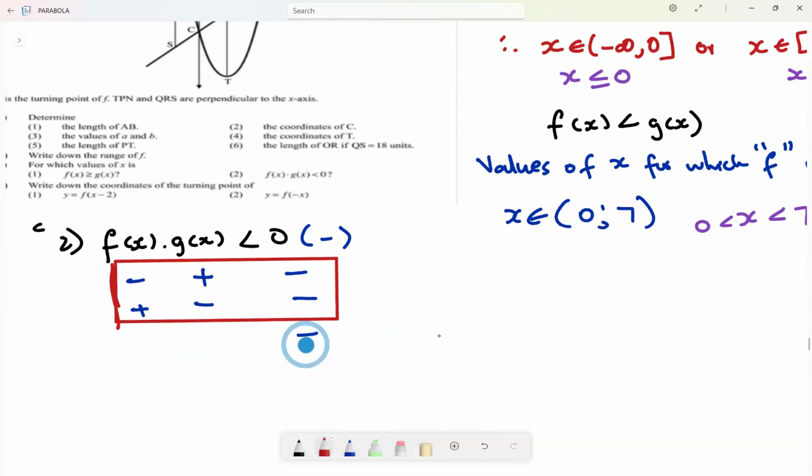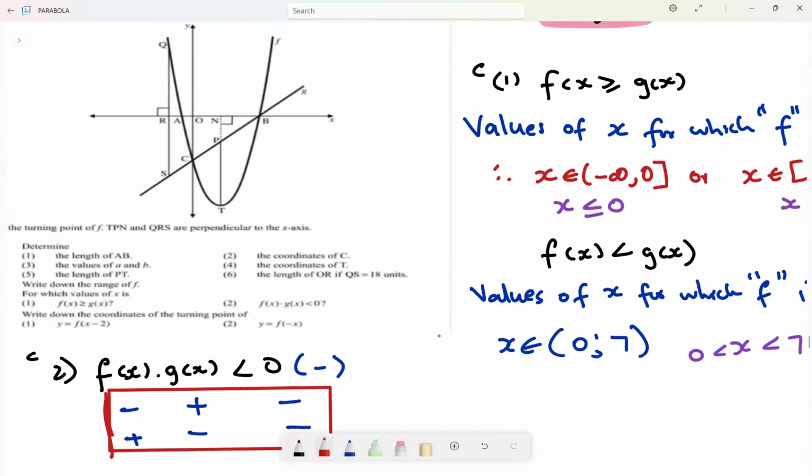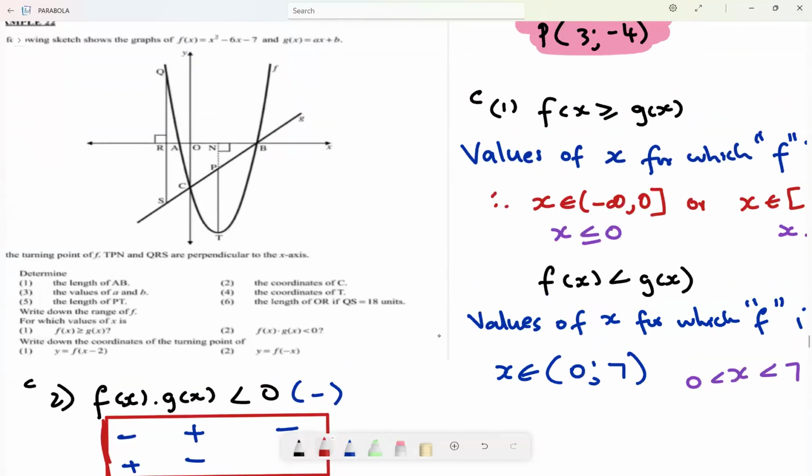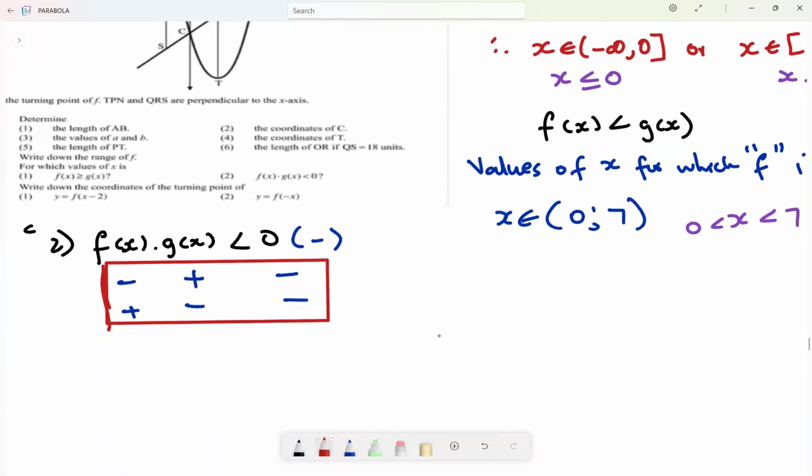For these questions, what I like to do is cut my graph into two. Here I want you to understand that when f of x is less than 0, it is below the x-axis. If f of x is negative, it means it is below the graph.